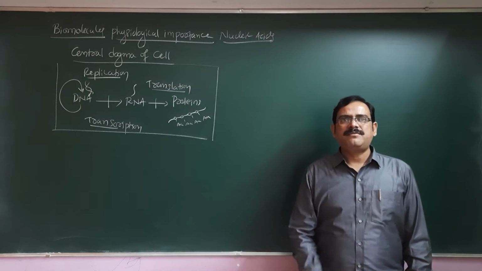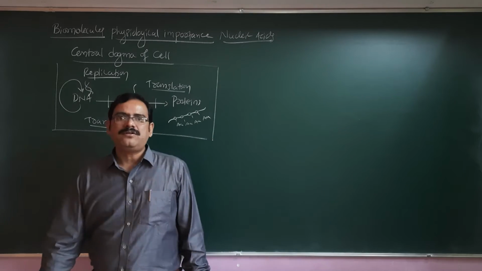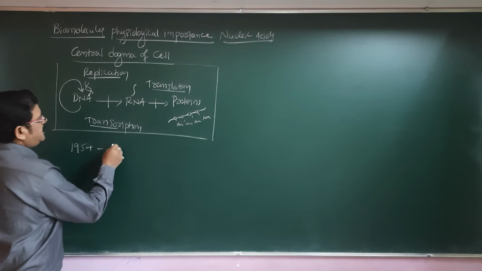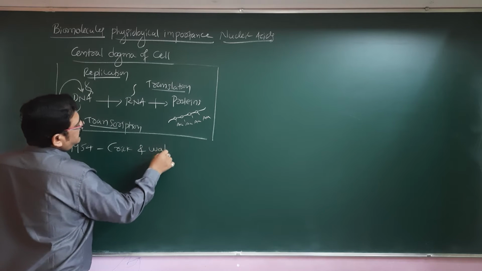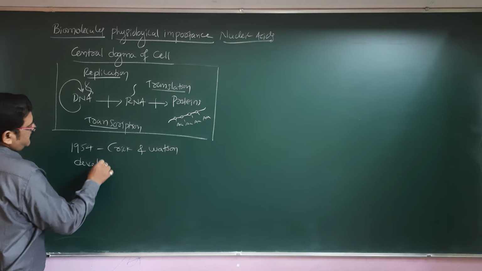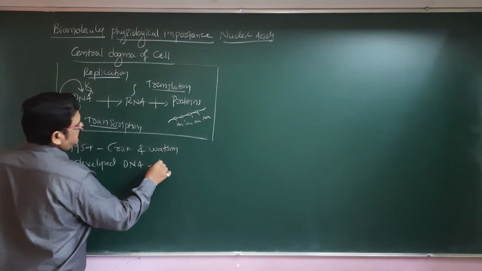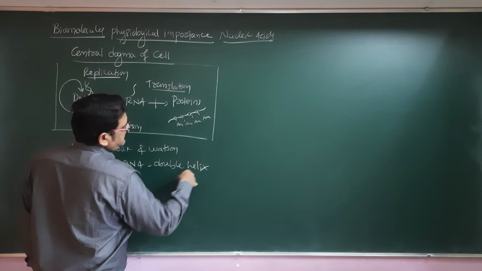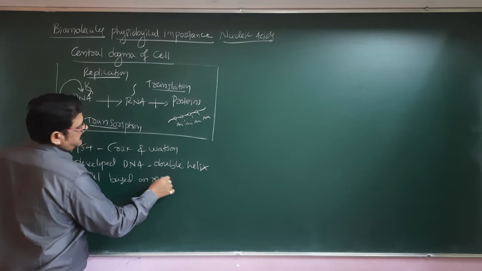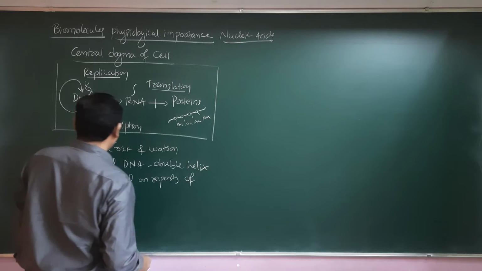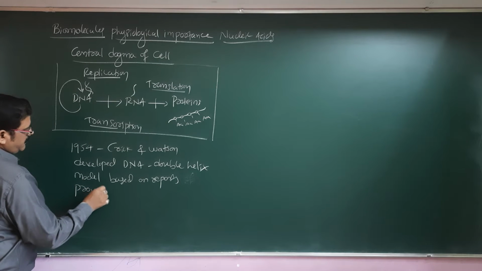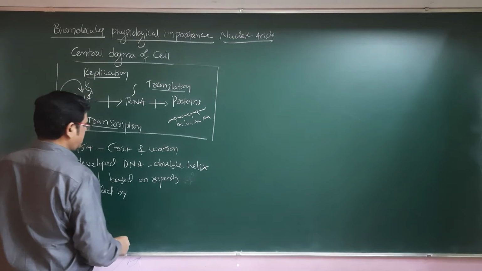Who first reported the existence of the DNA? Let me tell you, somewhere in 1954, Crick and Watson developed the DNA double helix model, based on reports provided by Wilkins.